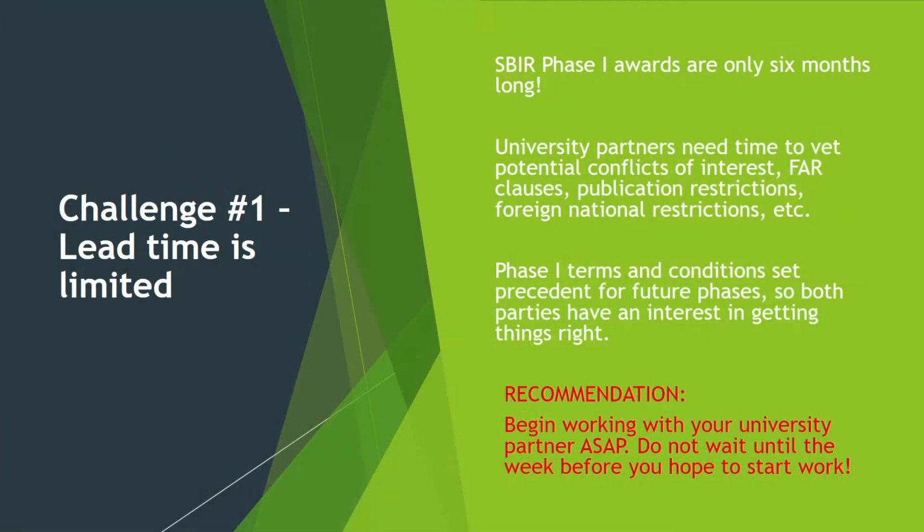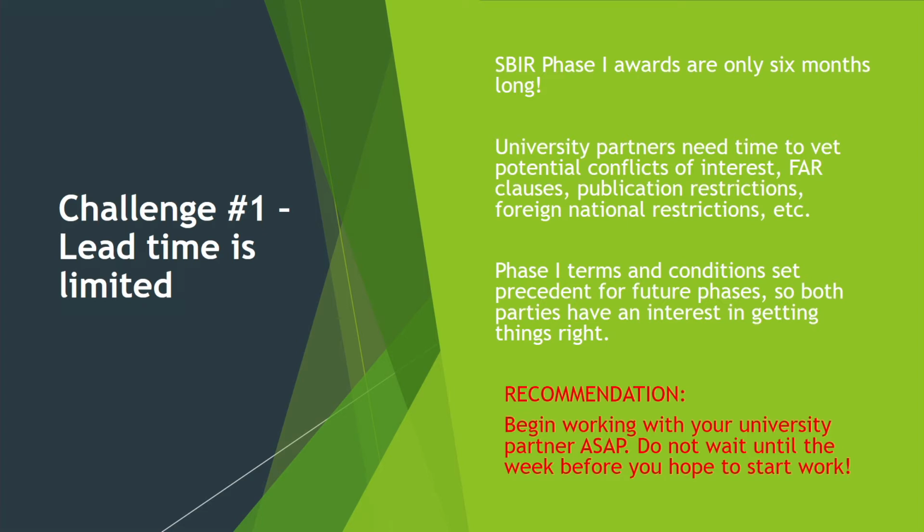So the first point is that we need all the lead time that we can get. If you come to us a week before the start date of your Phase 1 SBIR and are hoping that we can put it all in place in 1 week, we will try. We will try. But there is a lot to do.